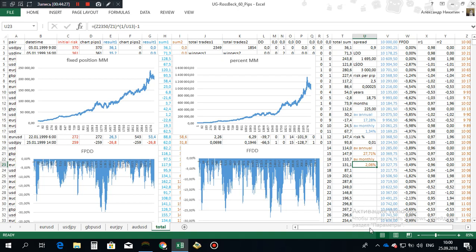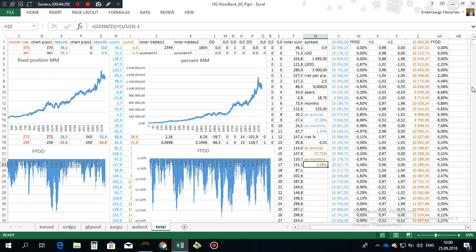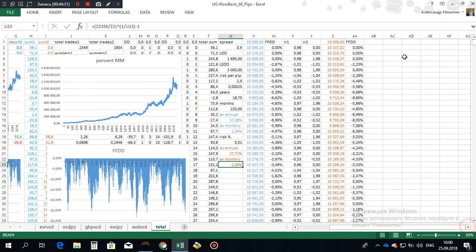Let's calculate it. Why not? Let's calculate. Let us start from 10K. So this is our 50%, 0.5. So monthly, we multiplied 0.5.